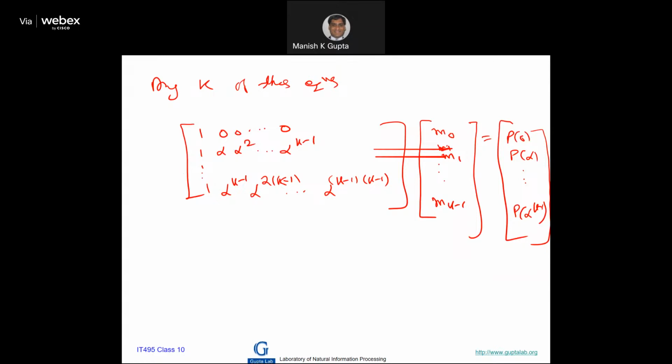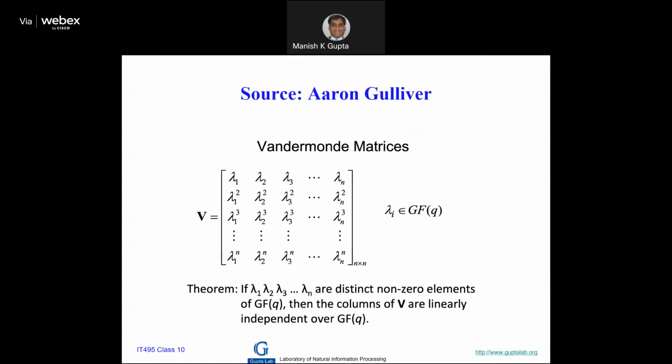So I give you an exercise. In fact, I will show you first before giving you the exercise. Look at this. The matrix of this form: lambda 1, lambda 2, lambda 3, lambda n, and their squares.